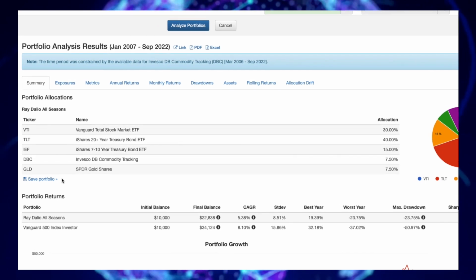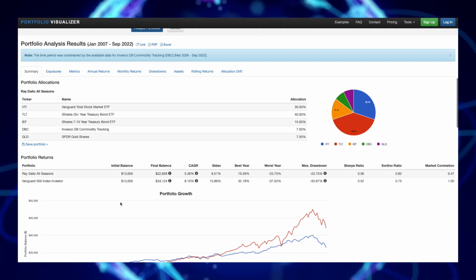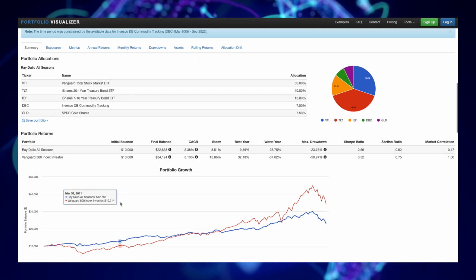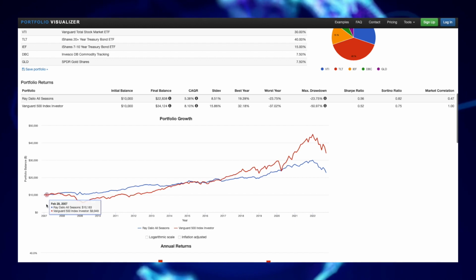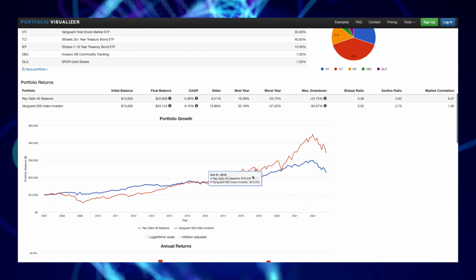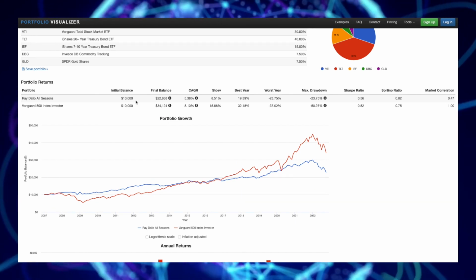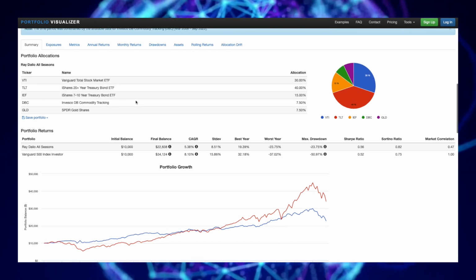We can see how much each ETF has in the portfolio, how much the allocation is. We can see how the Ray Dalio all-weather portfolio would have done if we invested 10,000 back in January 2007. It would have given us 5.38 compound annual growth, and the S&P would have gotten us 8.10.